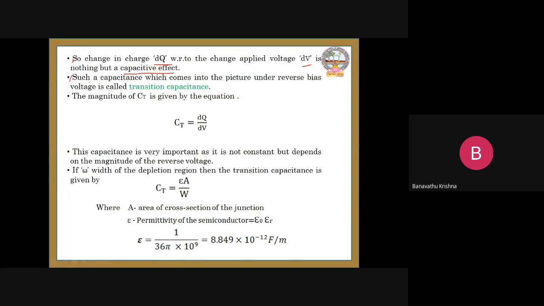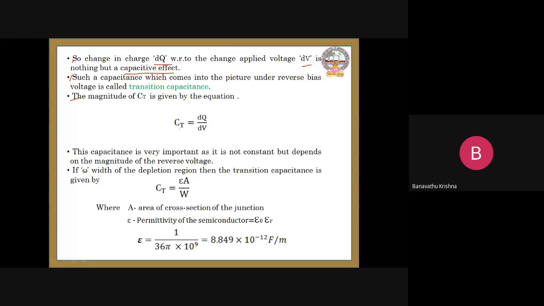Such capacitance which comes into the picture under the reverse bias condition is called transition capacitance. Transition means they transfer from one point to another point, nothing but initial point to final point. That transition capacitance will exist at this particular junction. The magnitude of the capacitance CT is given by this equation, CT equal to dq by dV.